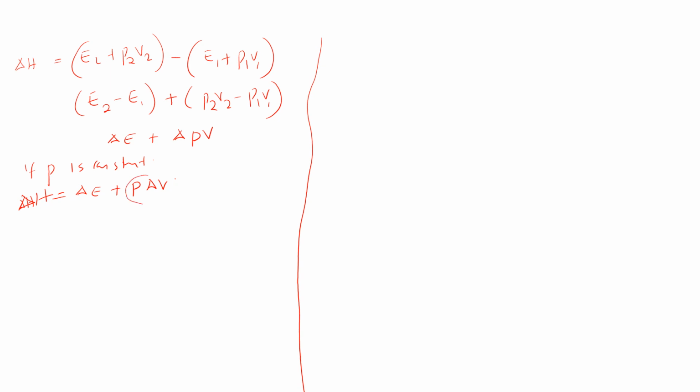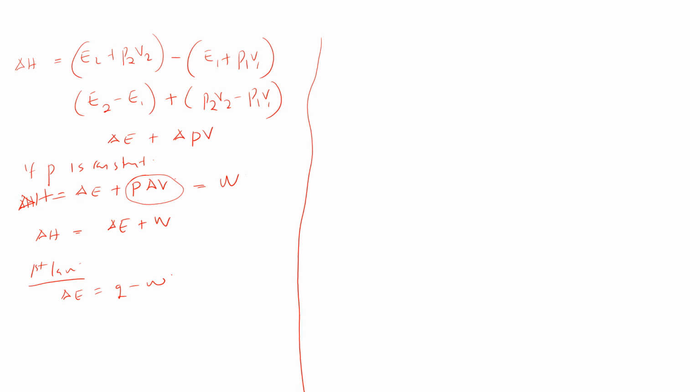And we know that P delta V is equivalent to the work that is done, and so delta H will be equal to delta E plus work done. Okay, from first law, recall that delta E is equal to Q minus W, where Q is the heat transfer.